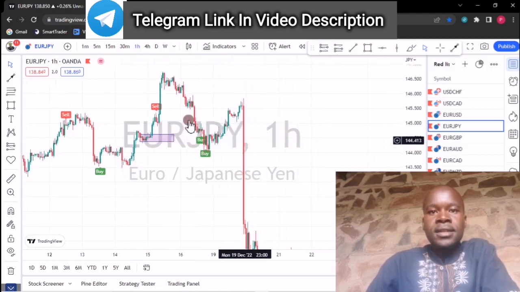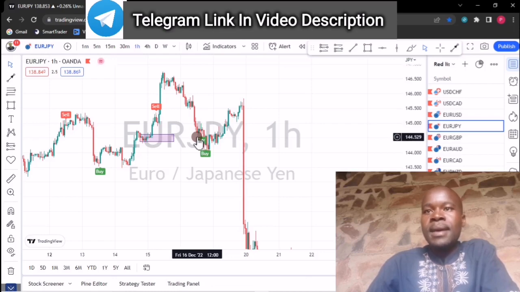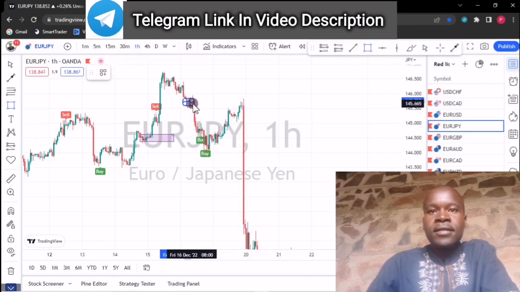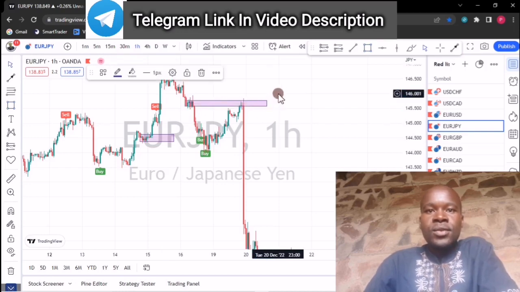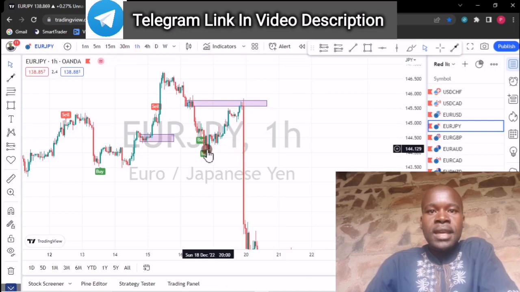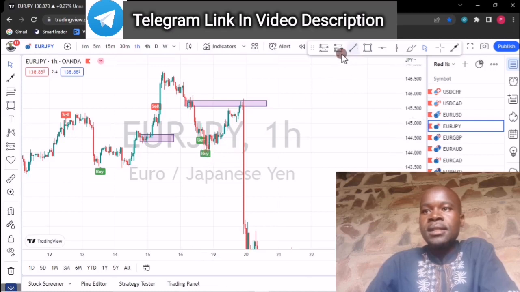You wait, you have a buy signal now. Okay, this first buy signal, what do you do? You mark the point or the key level just before you got to this buy signal, and it was this key level. So the thing you needed to do here is to wait for price.